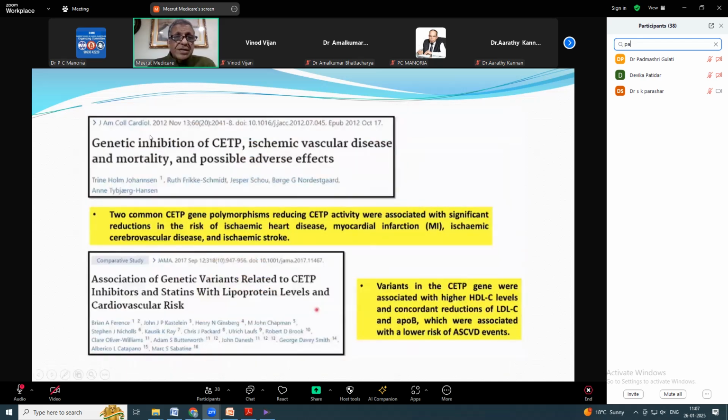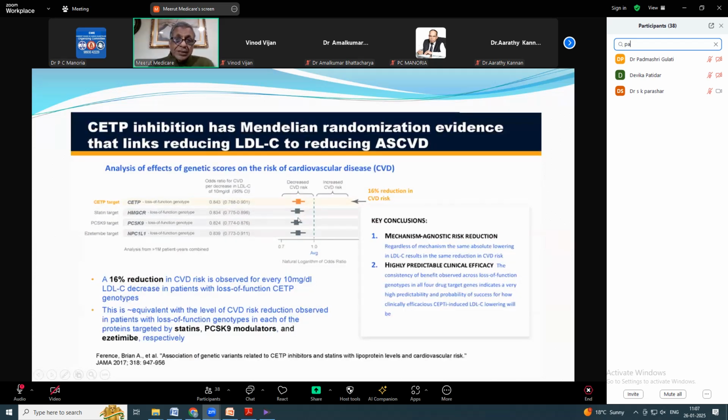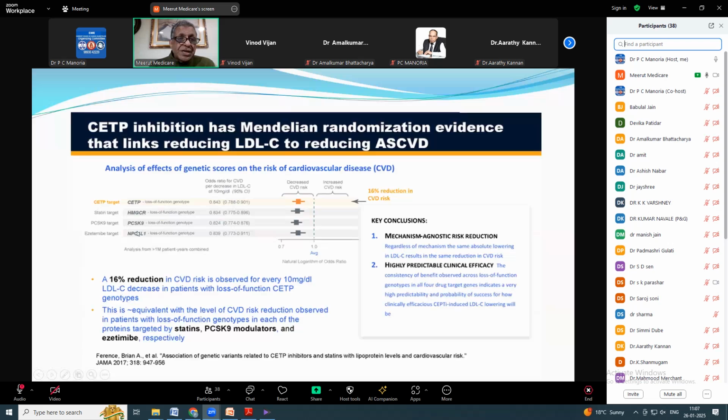Then we have genetic understanding that CETP in various genetic models is not only associated with higher HDL-C, but concordant lower LDL-C and ApoB, and probably that gives us the protection. The protection given by LDL lowering of CETP inhibitors is exactly the same as that of HMG-CoA reductase inhibitors, PCSK9, and NPC1L1.